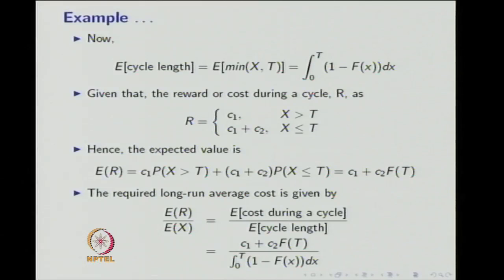Now one can find the expected cycle length. The cycle length is a random variable, which is the minimum of X or T. Here the component is replaced either upon a failure or at age capital T. The time between replacements is called a cycle, and its expectation is the integral from 0 to T of 1 minus F of x dx.